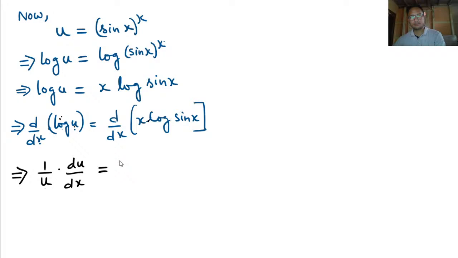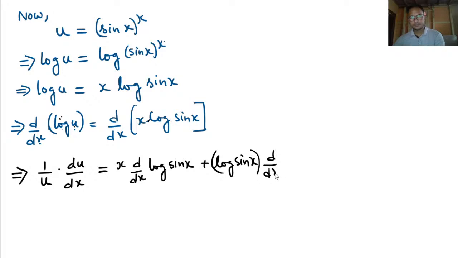Now on the right side, x into log sine x is a product of functions in x. So it is x times d by dx of log of sine x plus log of sine x times the derivative of x. This implies 1 by u du by dx equals x times the derivative of log of sine x.